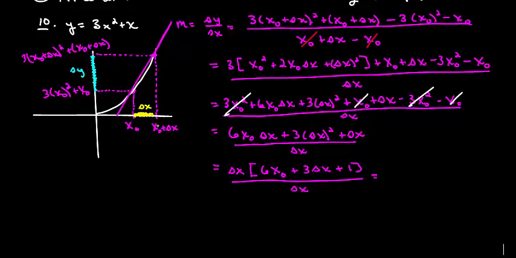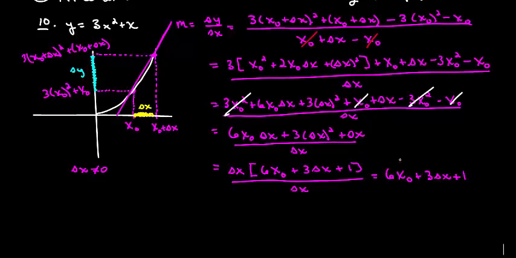By the way, delta x can't be 0. And the reason for it is if delta x was 0, we'd be finding the slope of just a single point. We can't do that, right? We need 2 points. Because what would happen is if delta x was 0, this point right here would lie on this point right here because there'd be no distance between them here. So we're going to end up with this.